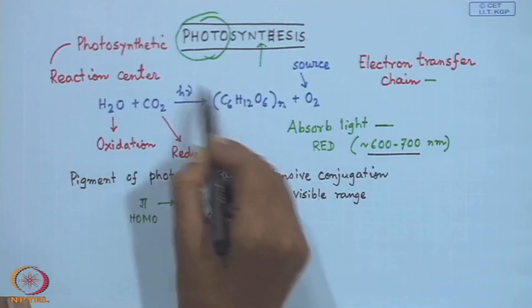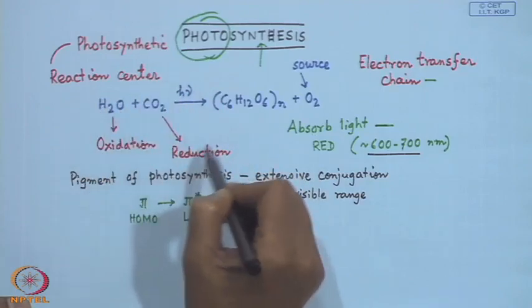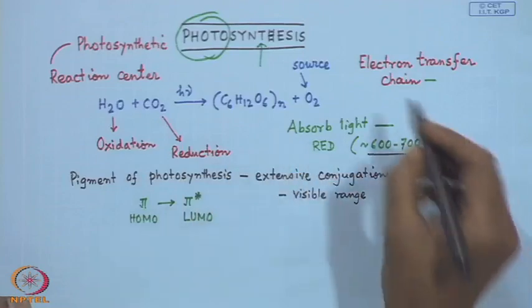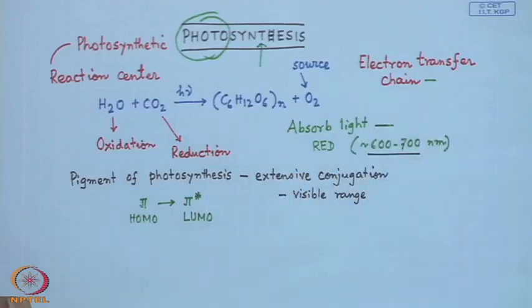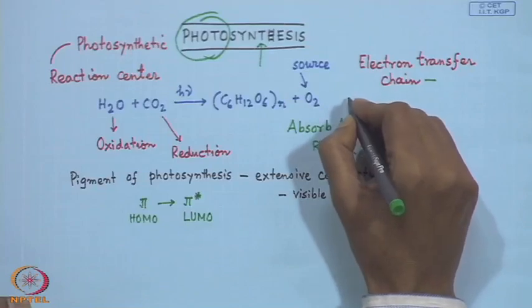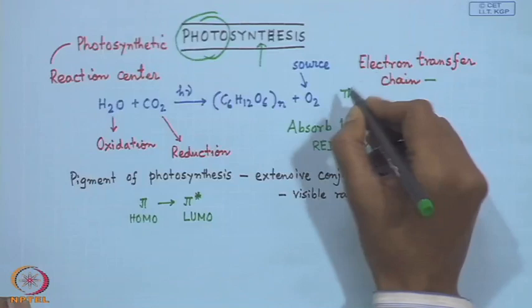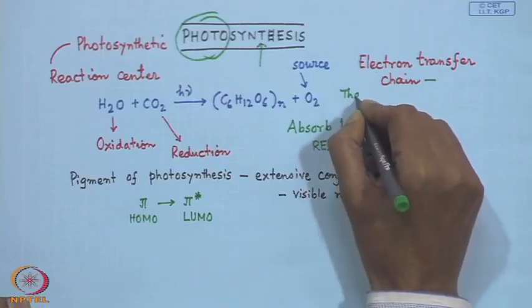But if we consider how facile the oxidation of the water molecule and the reduction of the carbon dioxide molecule is, we can consider this transformation a thermodynamically uphill conversion. So, it is not a thermodynamically feasible process.